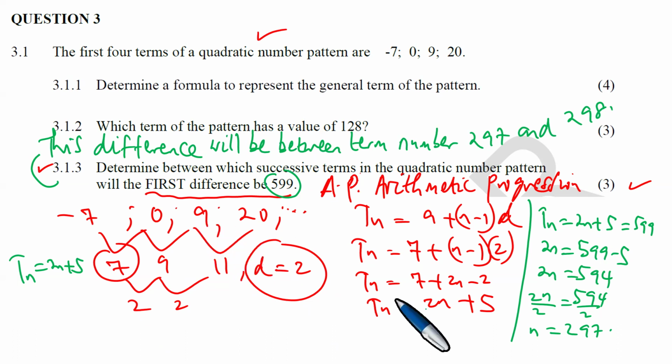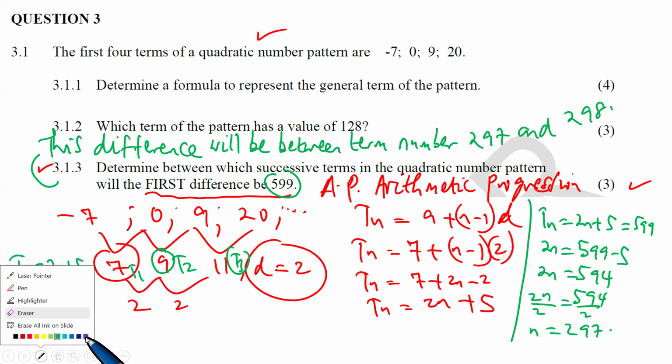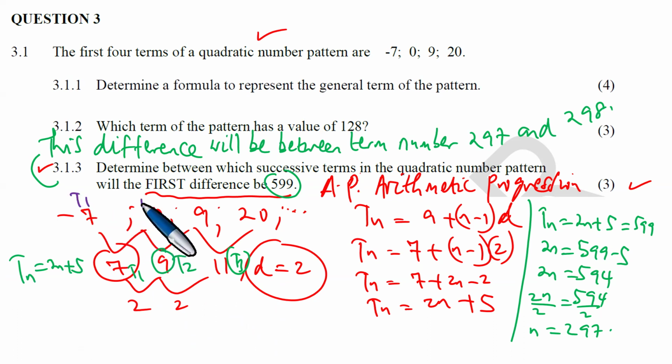Here, this one is T1, this one is T2, and this one is T3 in the sequence of the first differences. But let's analyze what that means. Term 1 of the differences is between term 1 and term 2 of the quadratic.